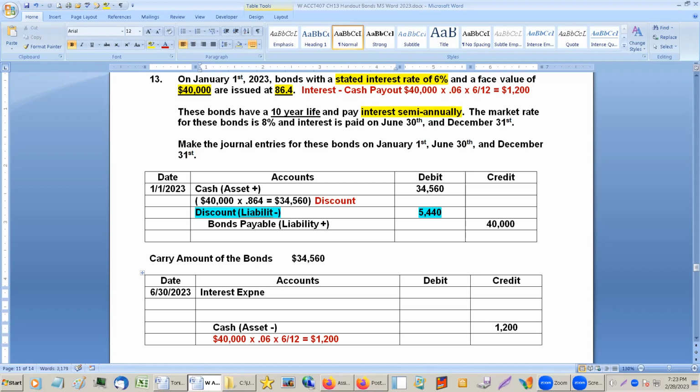All right, and this goes back to, again, what did we really borrow? We really borrowed 34,560.